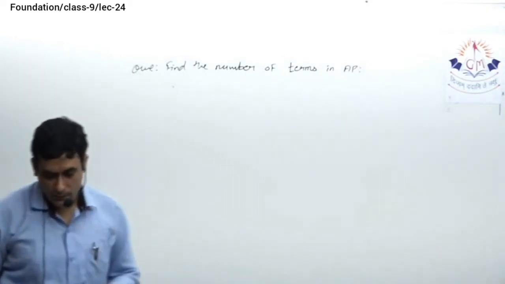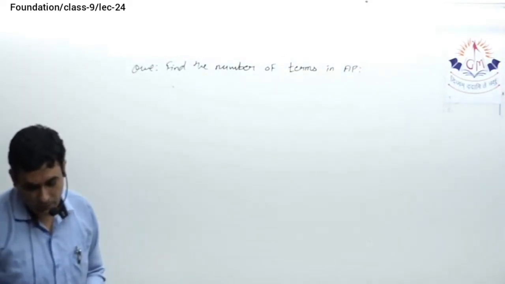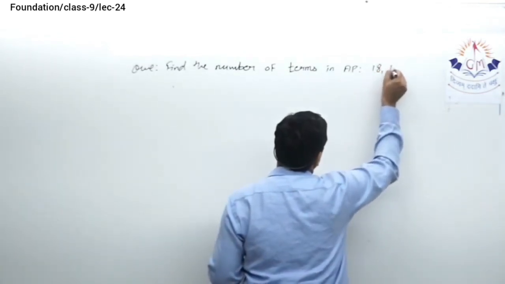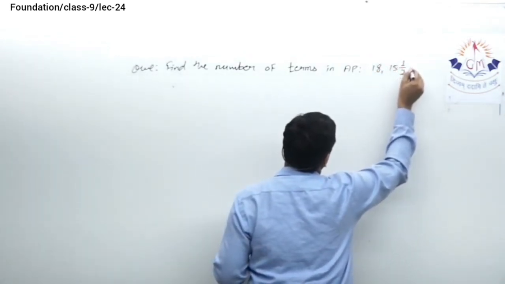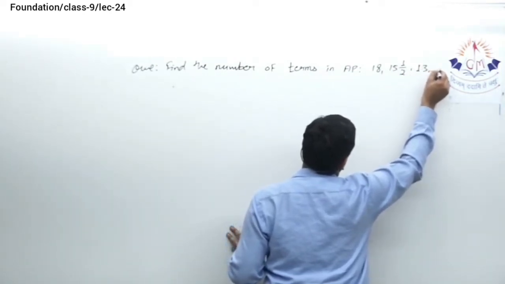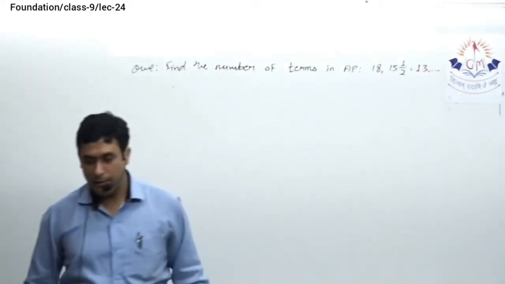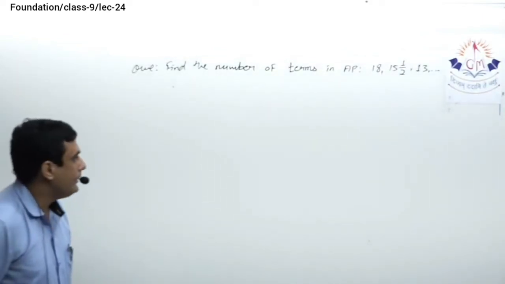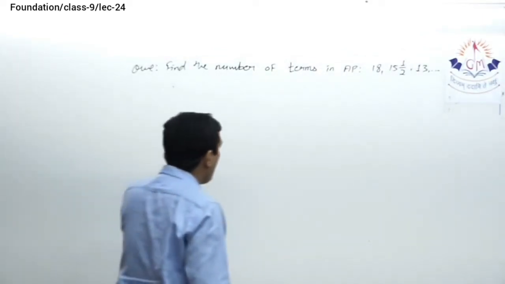Find the number of terms in the AP 18, 15 and 1 by 2, 13 and so on. This is an AP and you have to identify how many terms this AP has.